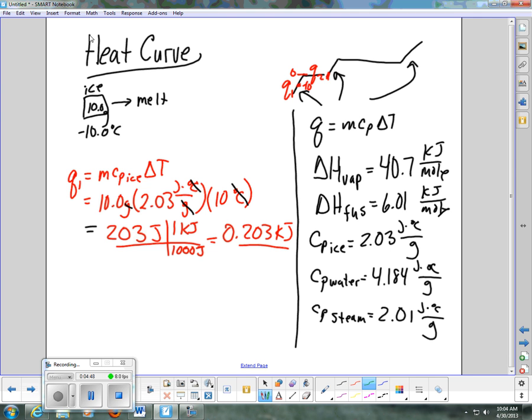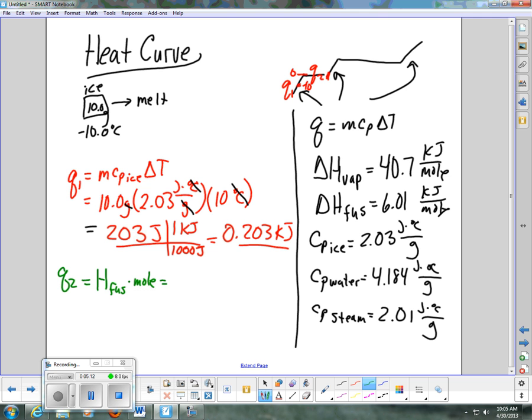Okay, Q2, I now have all my ice at 0 degrees. Now I want to melt all that ice so it's liquid. So I'm going to use the heat of fusion, and I'm going to times it by moles because the heat of fusion is given in kilojoules per mole.